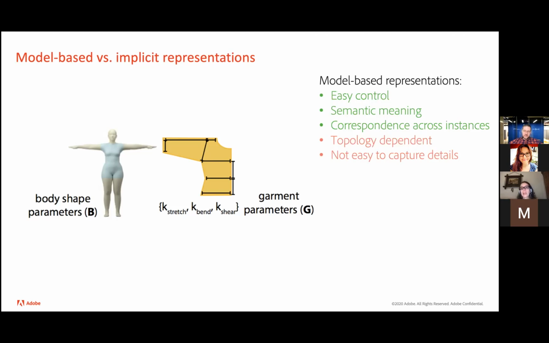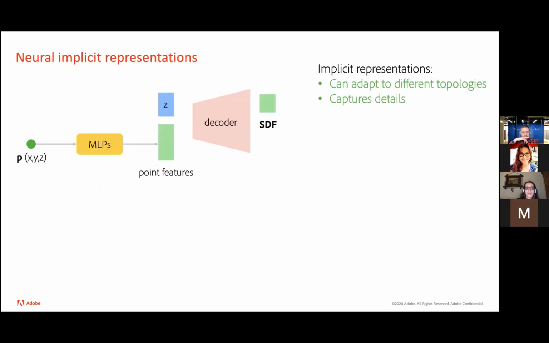And also they do capture the overall shape well, but they may not always be suitable if you want to capture the details. In the second work, we use implicit representations, which can actually address some of the limitations I mentioned before. They are more general, so they can adapt to different topologies, and they are also more suitable for capturing the details.